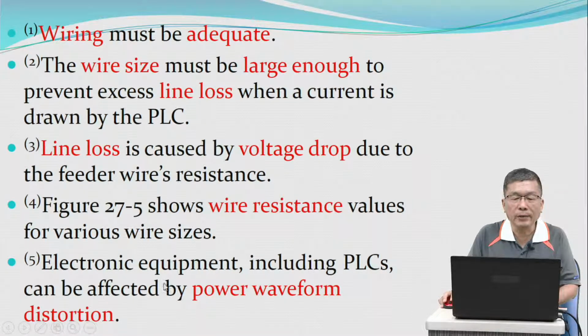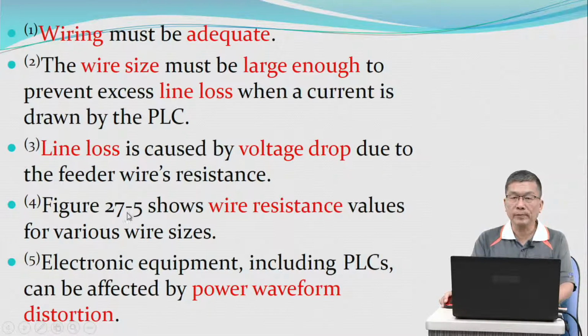Wiring must be adequate. The wire size must be large enough to prevent excess line loss when a current is drawn by the PLC. Line loss is caused by voltage drop due to feeder wire resistance.